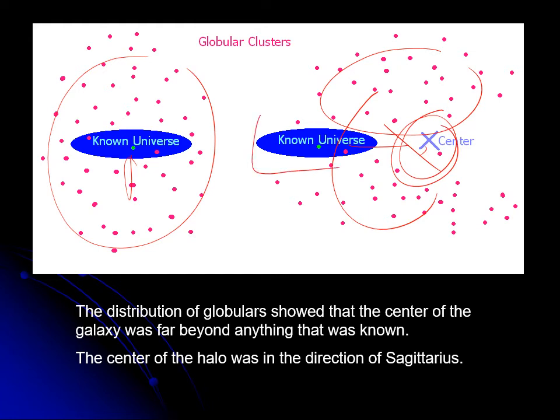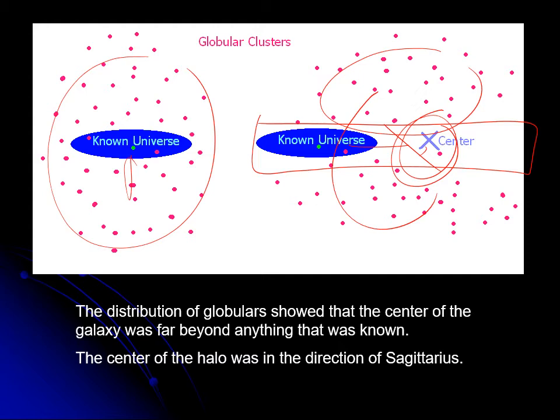So that meant that our galaxy, which they thought was the whole universe, was vastly larger. That became our understanding of the galaxy, that it's this very large, sort of flat structure with a halo of these globular clusters around it.